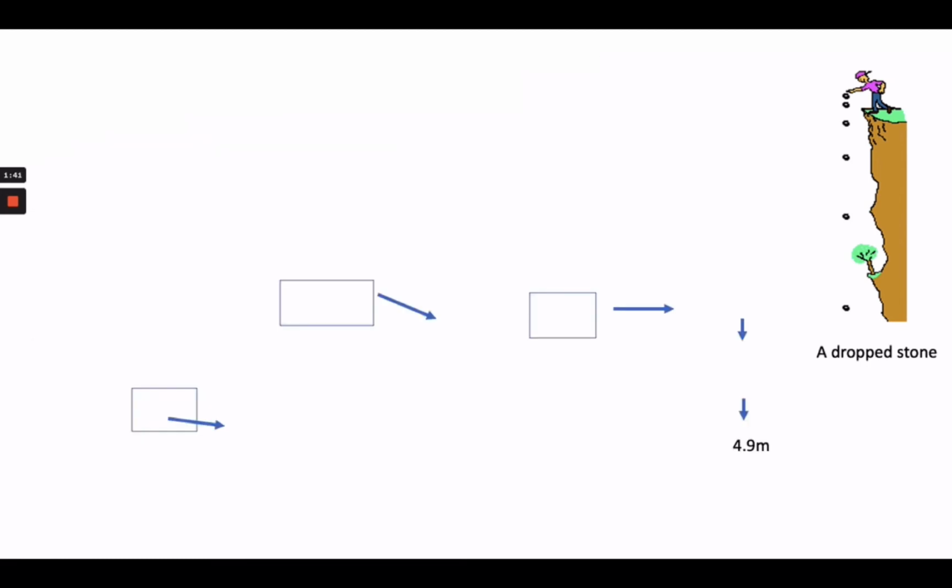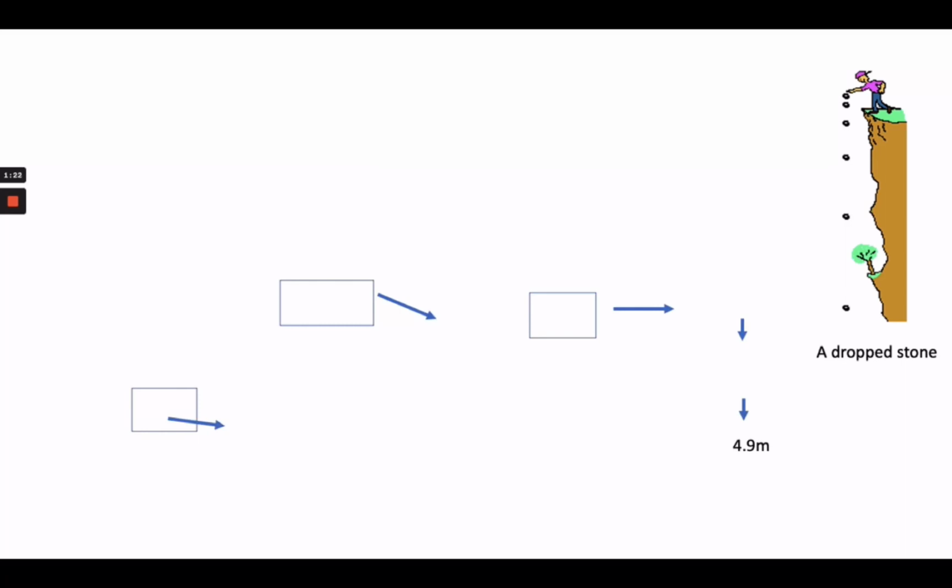Now, since we already have our value of the potential energy, the kinetic energy, and the total mechanical energy at 0 seconds, for this scenario, the boy dropped a stone from a cliff.